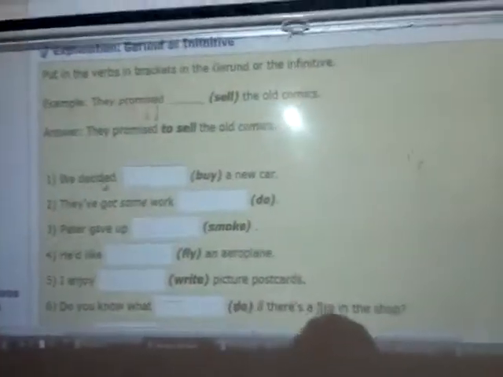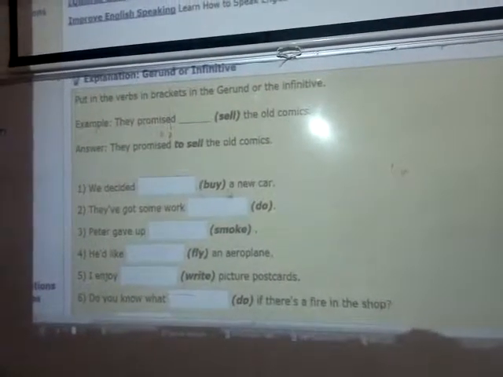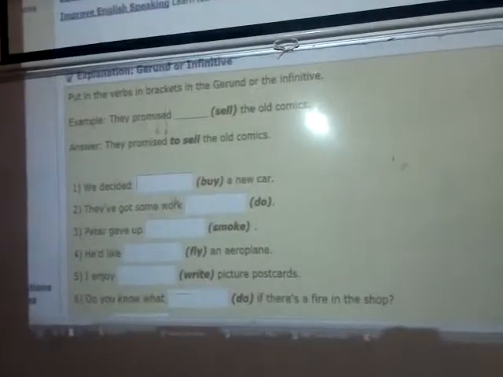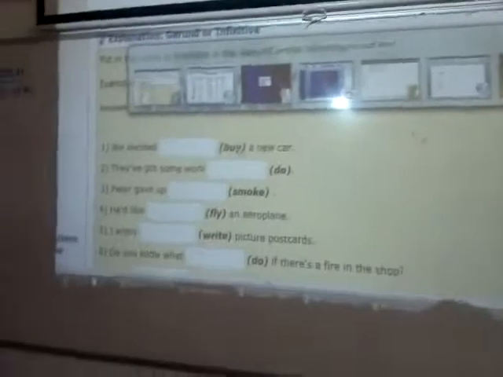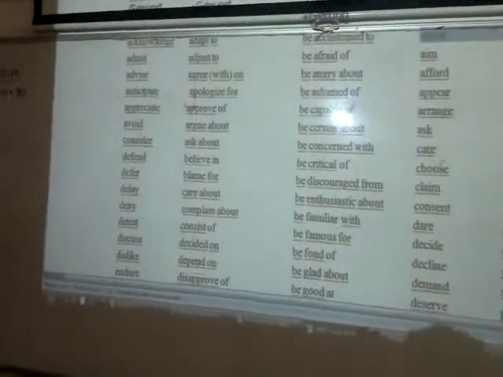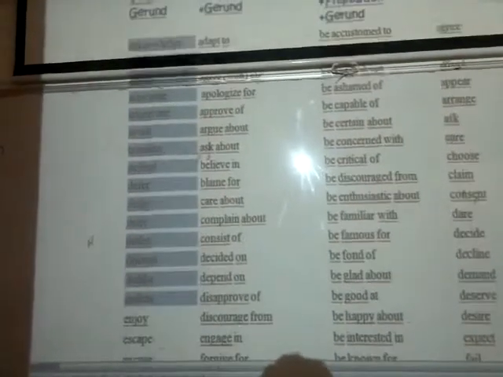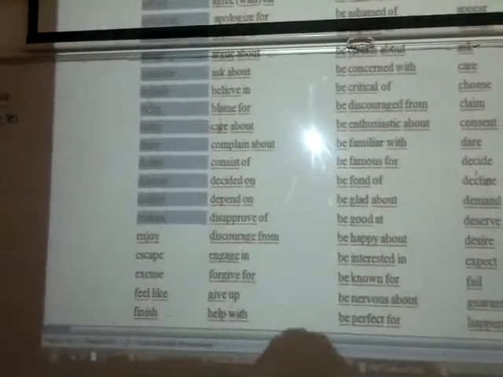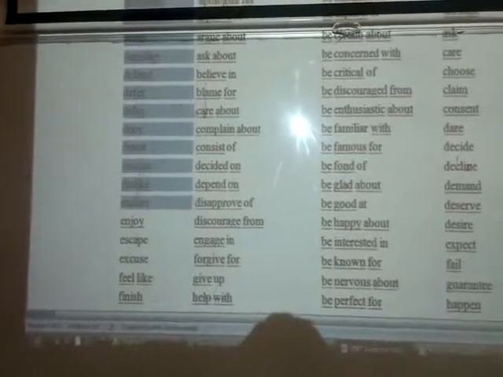Okay, so number one, Elizabeth, can you please read it? We decided blank buy a new car. So you need to find decide. Where do you see decide? Look, here are the gerund forms. Do you see decide here, in letter D? Deny, detest, discuss, dislike.